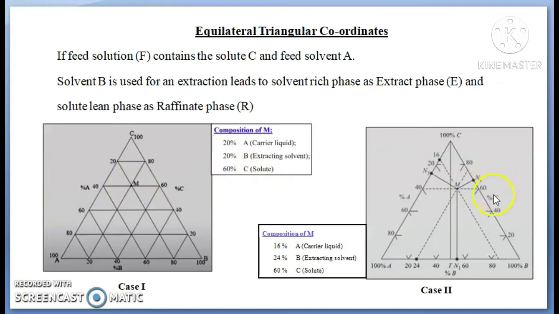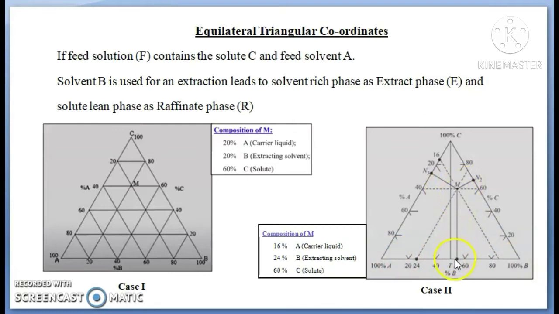Another approach is showing the perpendicular distance. Here in case 2, the concentration or composition at point M is indicated as follows: the percentage of C is the perpendicular distance between the point and the line in front of the point.